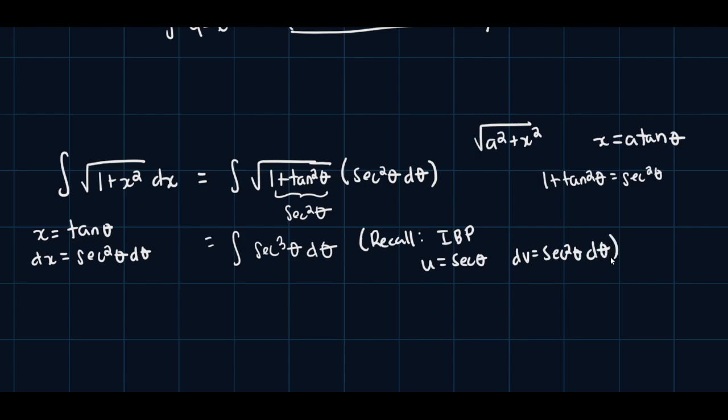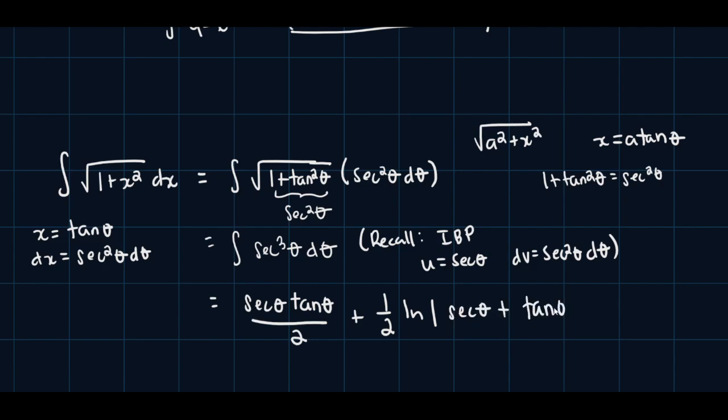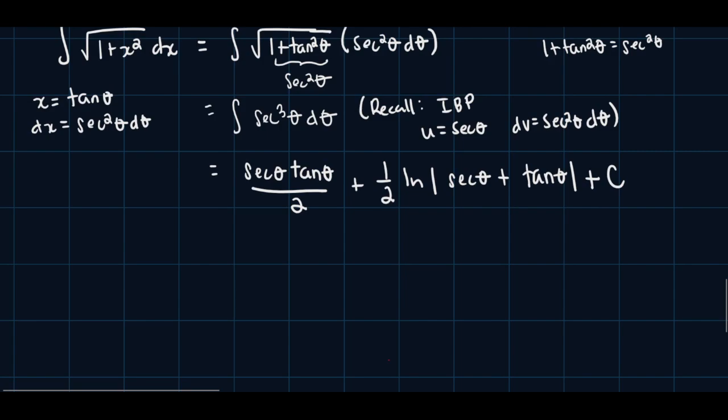So I'll leave this to you as an exercise to verify that what we will get here is actually secant theta tangent theta over 2 plus 1/2 ln absolute value of secant theta plus tangent theta plus c. So again, verify this using integration by parts. Okay, so we have solved the integral, all we have to do is rewrite this in terms of x.